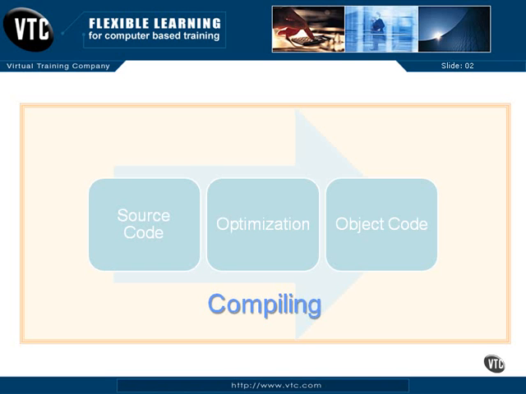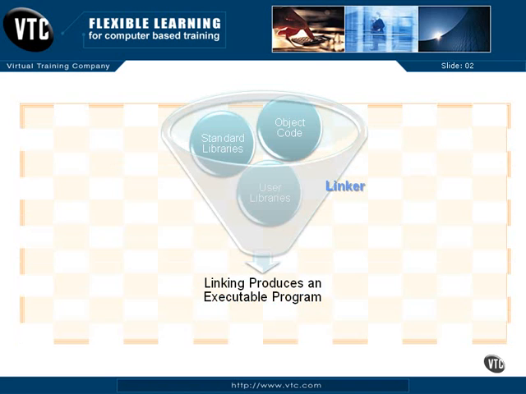And of course, to do that, we use a linker. A linker takes the standard libraries, our object code that we created from our compiling process, and any user libraries that we might have made or our company might have made. A number of programs that get used a lot, to maybe run a piece of machinery that our company has created or something like that.